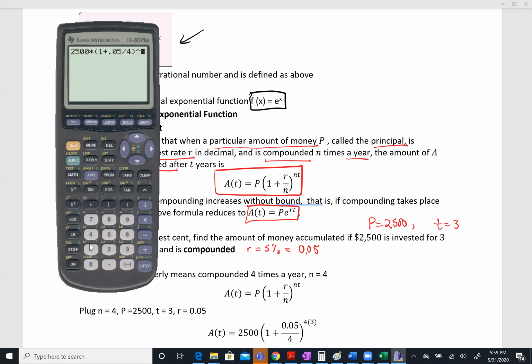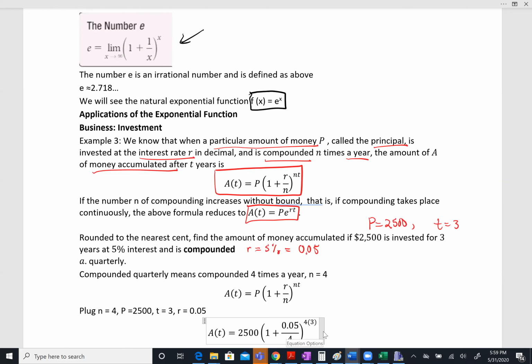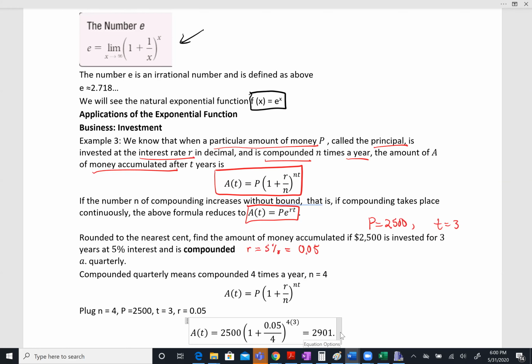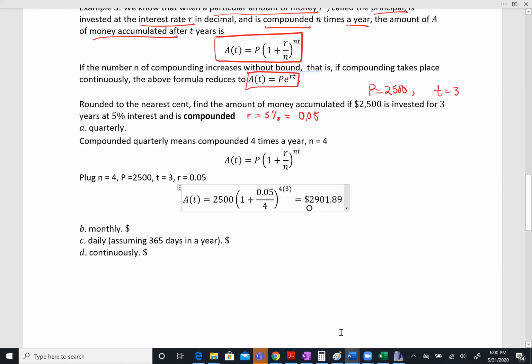You can put 12 right away, right? Then you enter and get 2901.89. It says to round to the nearest cent, so I need 2 decimal places. That is the amount you will get after 3 years compounded quarterly.